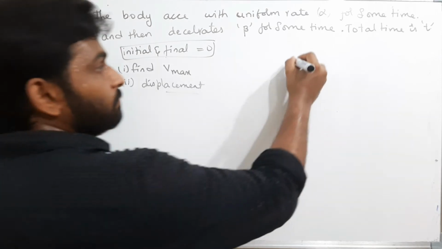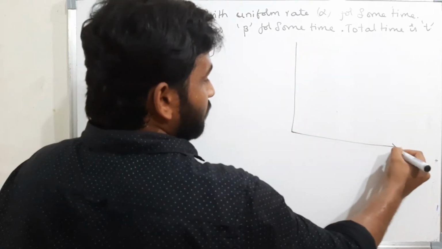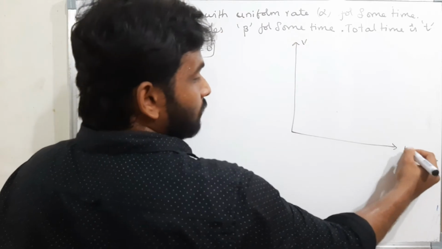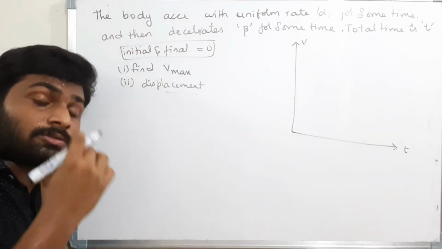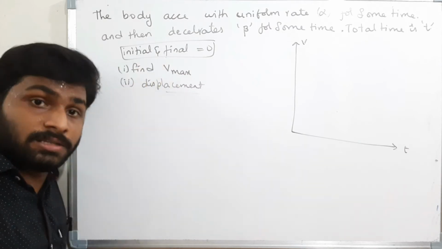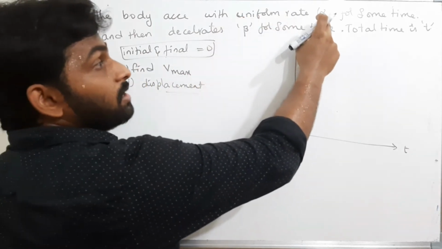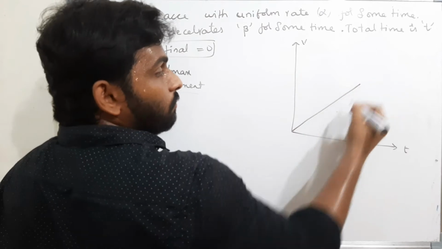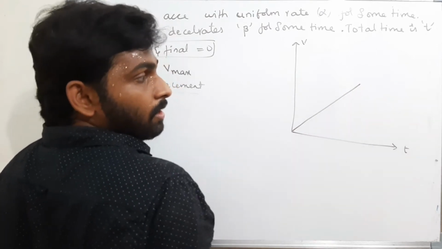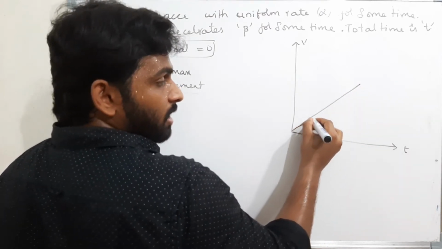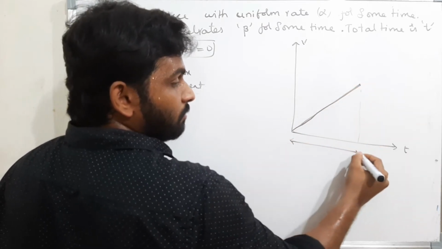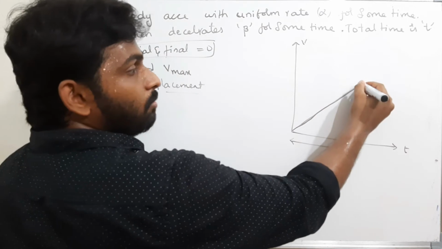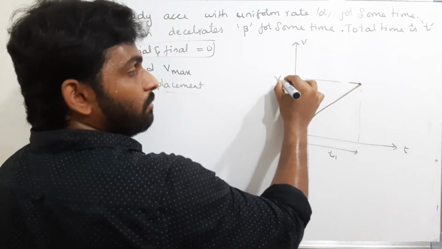Now see here, I am taking a velocity versus time graph. In a velocity versus time graph, the slope of the graph gives the acceleration. Now it is uniform acceleration, that means I am taking a uniform acceleration straight line. The velocity is gradually increasing until time t1, where the body achieves the maximum velocity Vmax.